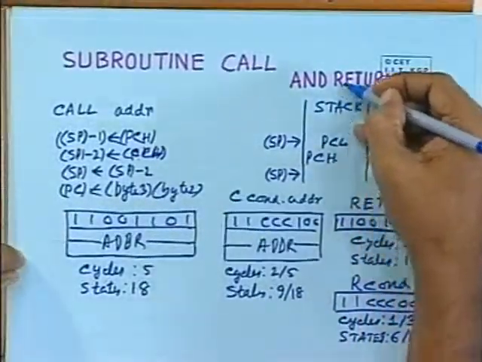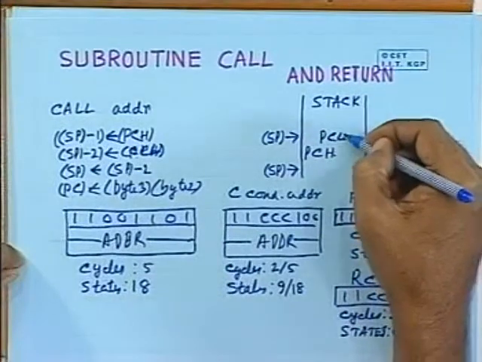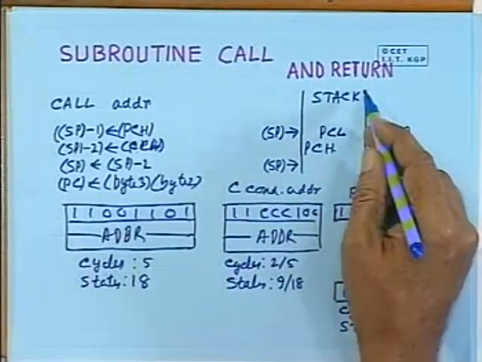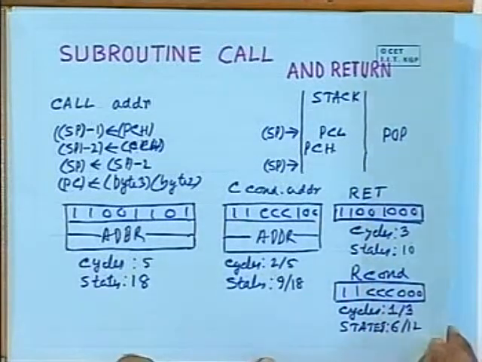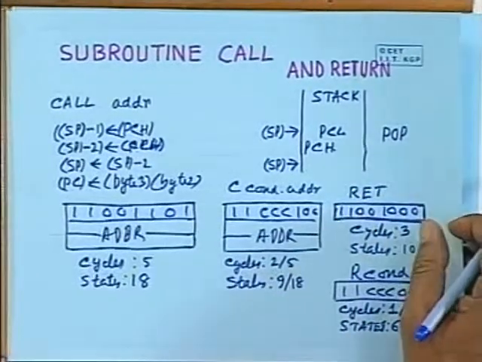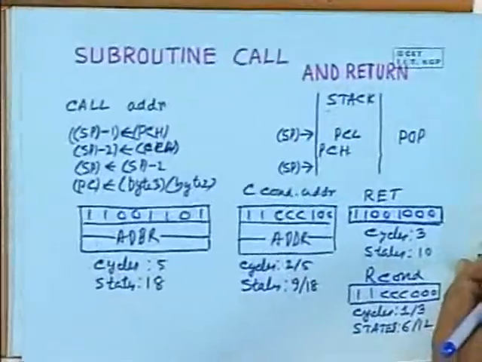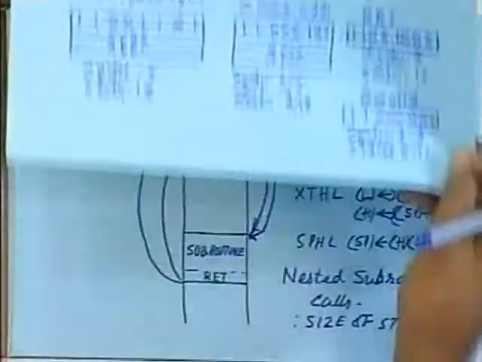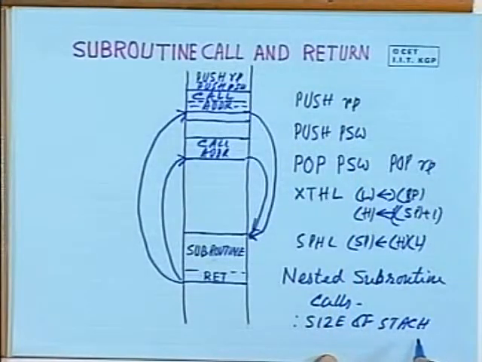So the stack will keep on holding values for each call, and if the stack is limited in size, then at some point there will be stack overflow. So you have to keep track of that so that stack overflow does not occur, or you have enough stack size so that nested subroutine calls can be performed to as many levels as possible.